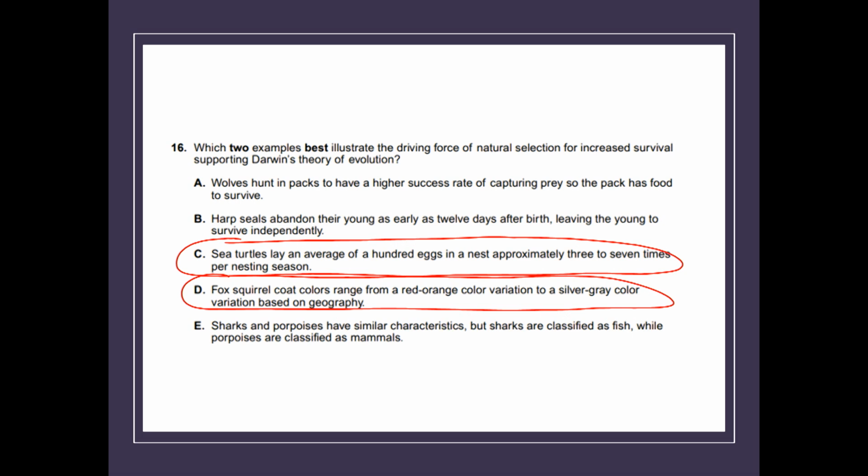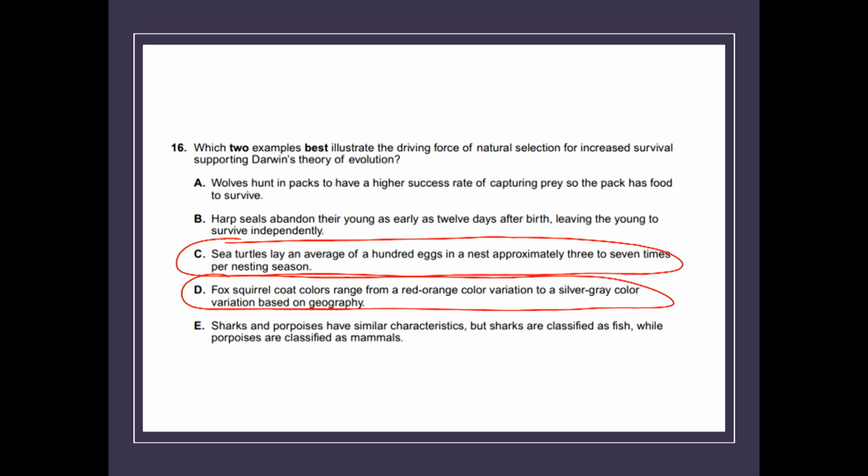So C says sea turtles lay an average of 100 eggs in the nest approximately 3 to 7 times per nesting season. So these sea turtles lay a lot of eggs because when the eggs hatch, a lot of those turtles don't make it to the water. A lot of organisms prey on those turtles, and so they have to have a lot of them in the hopes that just a couple of them can make it to maturity.